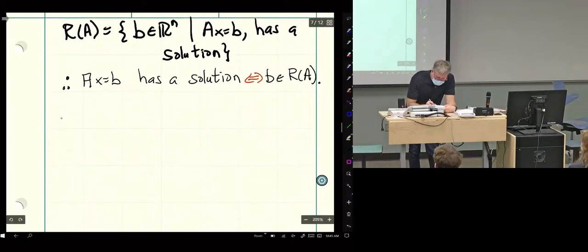Okay, so here's the big deal about these sets.